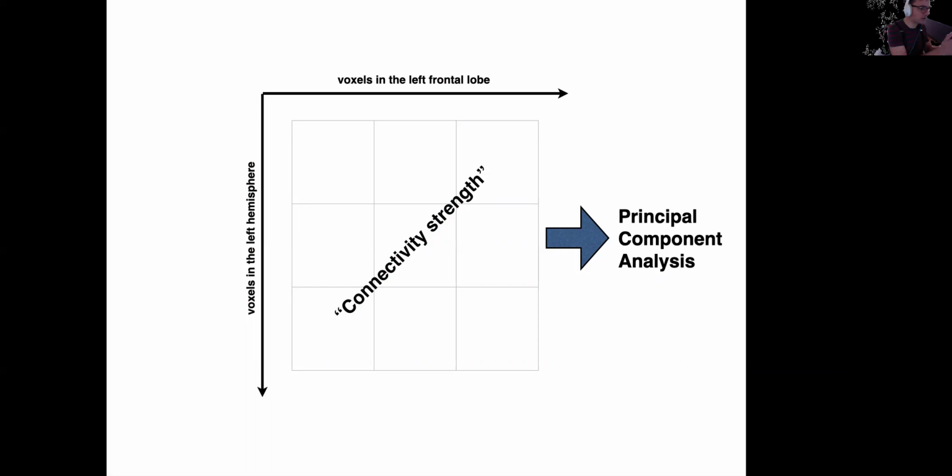So we'll look at how every voxel of the frontal lobe is connected to every voxel in the same hemisphere plus extra regions, and run a principal component analysis to put together things that share the same profile of connections and segregate the ones that have different connections.